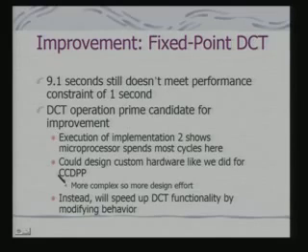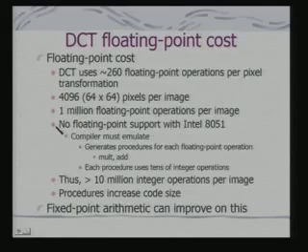We could design custom hardware, but it is more complex, so design effort is a concern. We can therefore try out alternate possibilities. DCT uses 260 floating point operations per pixel transform, and 8051 doesn't support floating point calculations.